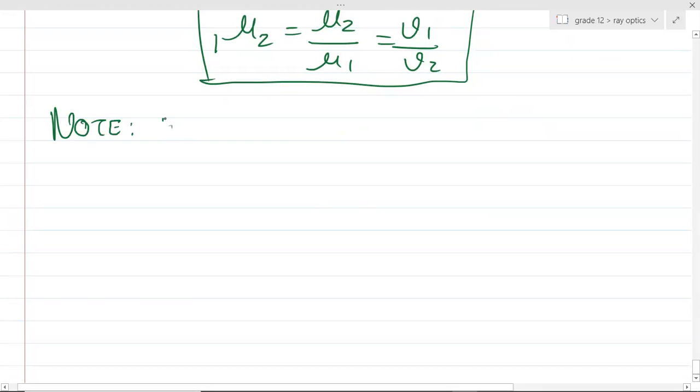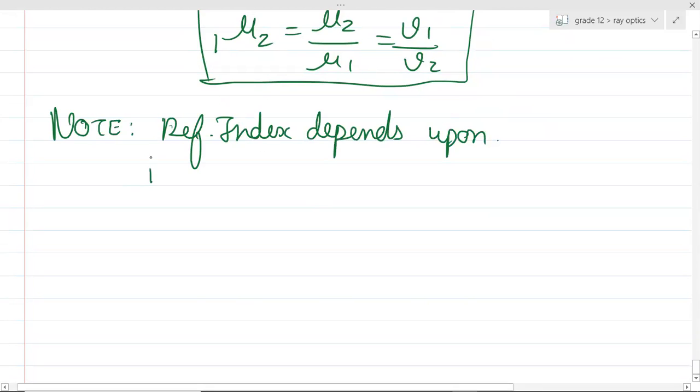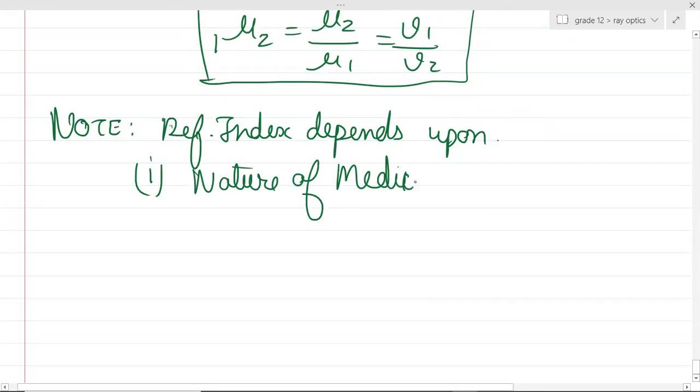Note, refractive index depends upon, first, the nature of the medium, and I'm talking about absolute refractive index, for example.